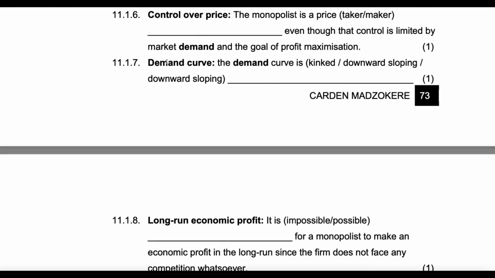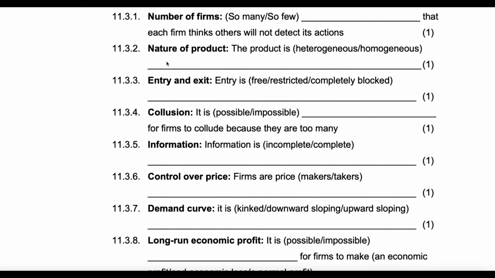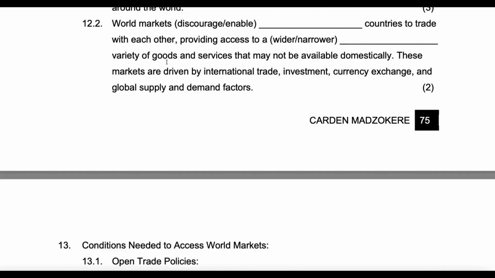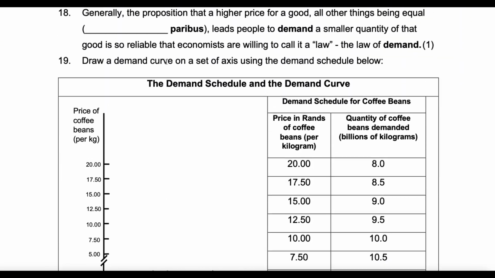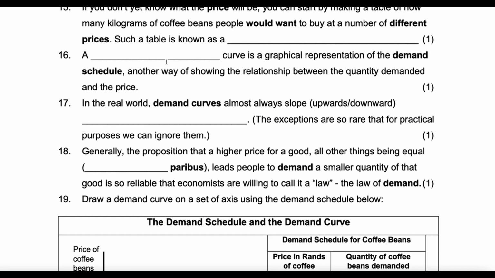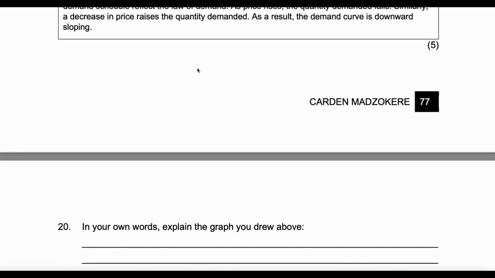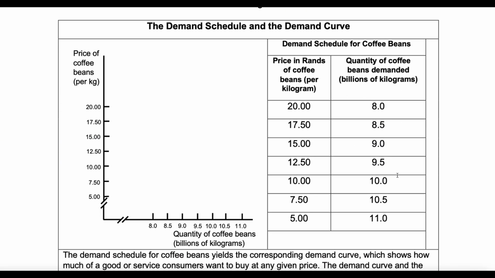Here we have characteristics, but I didn't give all 12 criteria according to our grade 12 syllabus, since this is grade 10. And the part that I cannot wait to get to is price formation. I can't wait to see how you deal with these graphs, if you are able to use this demand schedule to draw a demand curve using these figures.